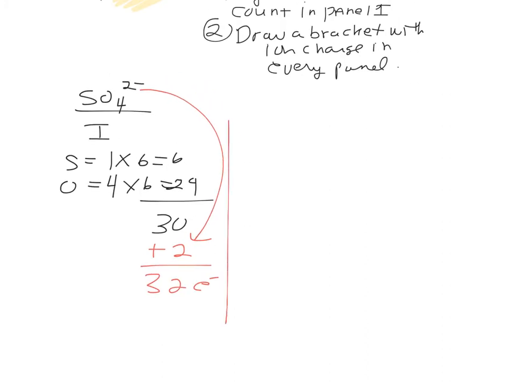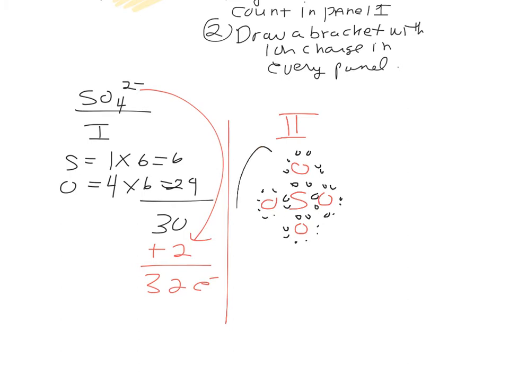Panel 2. The central atom is sulfur. The 4 oxygens go symmetrically around. There are no exceptions, no hydrogens or borons or aluminums, so everybody gets 8, including the oxygens this time.